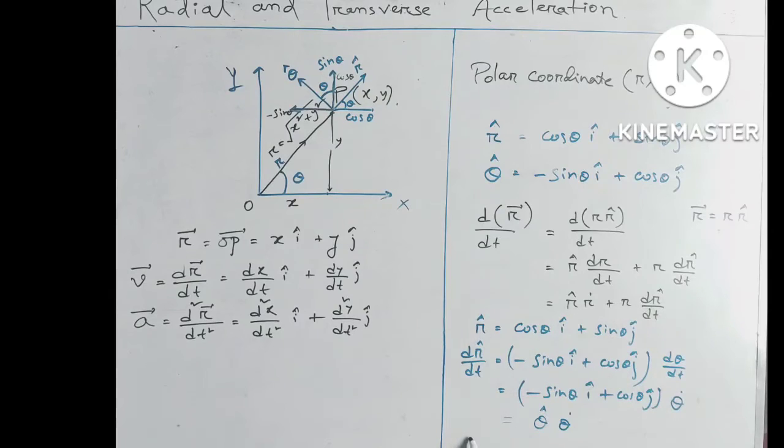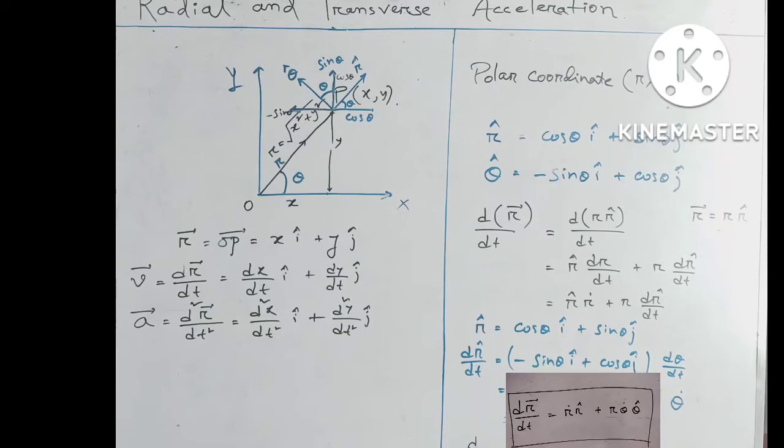We can write dr vector/dt is equal to r dot r cap plus r theta dot theta cap. Okay, this is r dot r cap plus r theta dot theta cap. So this is the velocity.